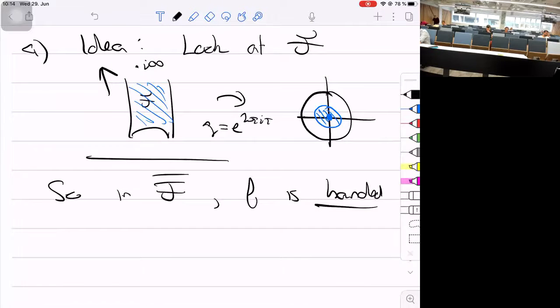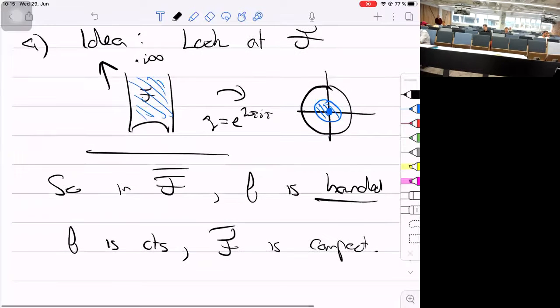The reason it's bounded is that f being holomorphic means it's continuous. And the fundamental domain, or the translation of this to this circle of radius less than 1, is a compact set. So the continuous image of a compact set is compact, which means it's closed and bounded.